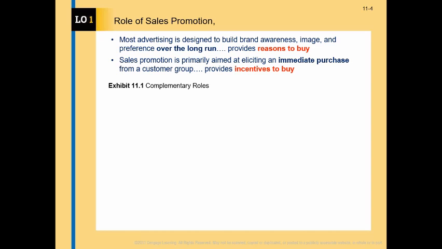So if you have a new product that is introduced in the market, advertising would probably be a good approach to get consumers to be aware of the brand and learn about some benefits, the positioning, the unique selling proposition of the product, the brand.